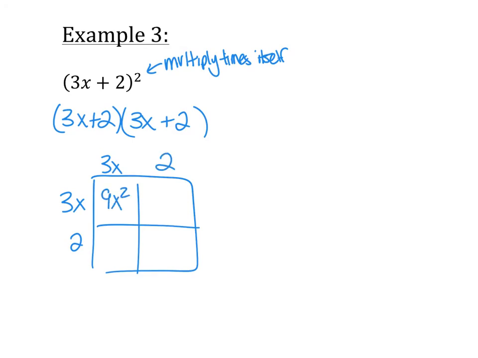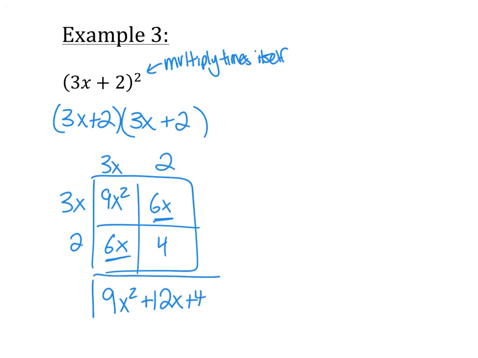So I get 9x squared, 6x, 6x, and 4. I'm going to write out my final answer, and when I do so, I will combine these like terms to get 12x. So my final answer is 9x squared plus 12x plus 4. Notice that we could not just square this and square this because we have a plus sign, which tells us that we have to write this out twice.